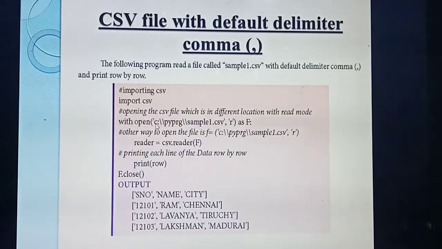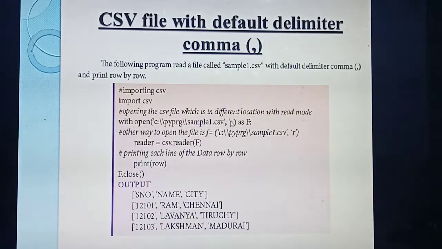So from where? Inside C drive, pyprg, then sample1.csv, that's the file name. Listen carefully: C drive, inside the folder pyprg, the file name sample1.csv.